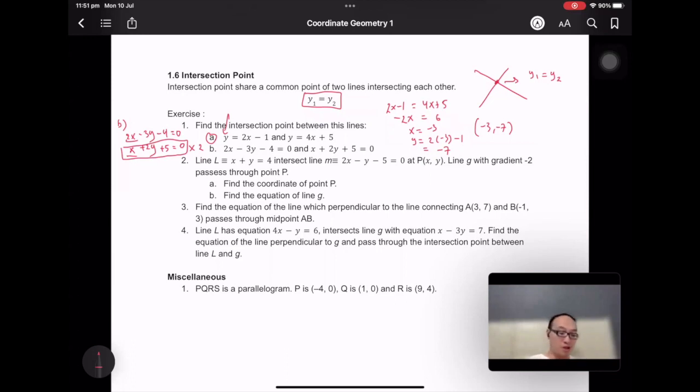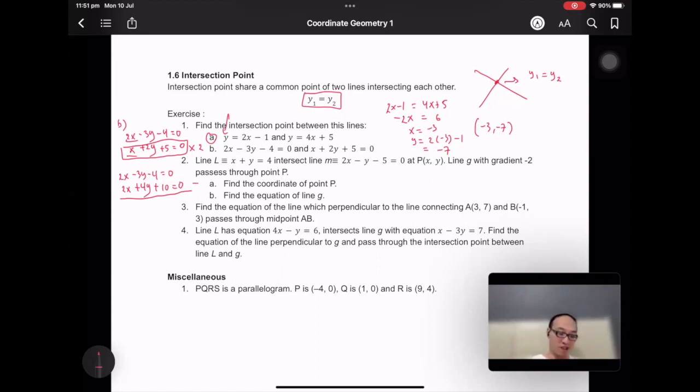So I have 2x minus 3y minus 4 equals to 0 from the first equation. And for the second equation, we multiply by 2, it becomes 2x plus 4y plus 10 equals to 0, multiplying all terms by 2. And then to remove the 2x, I just need to deduct.